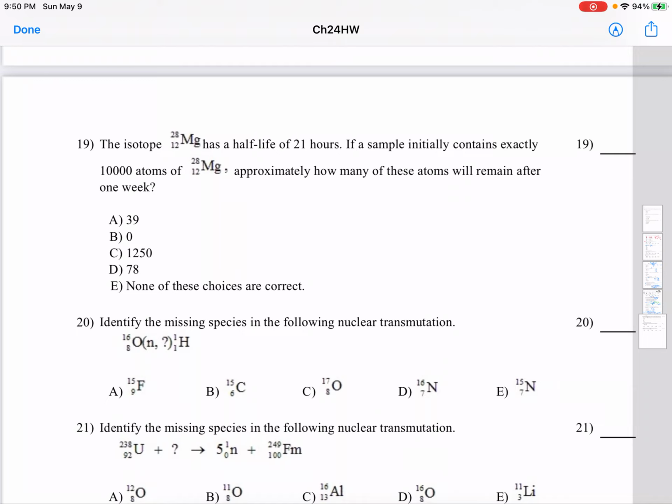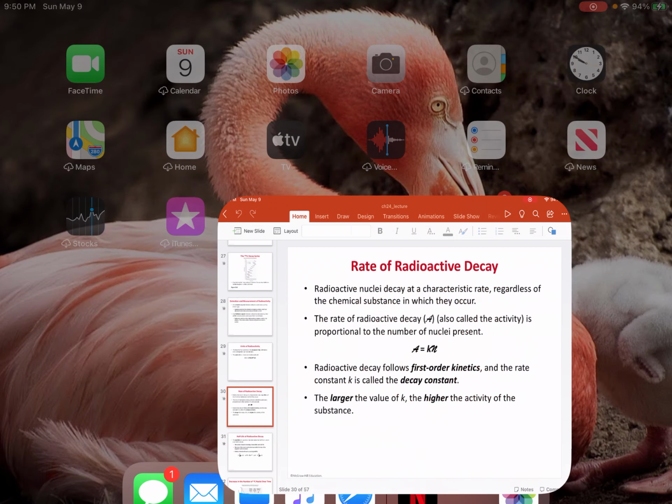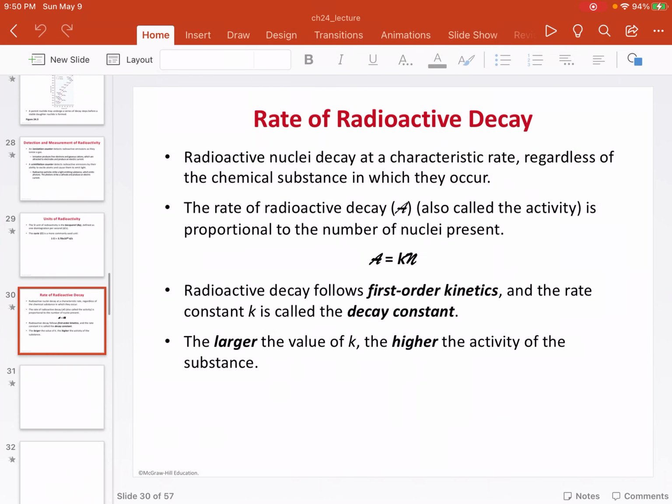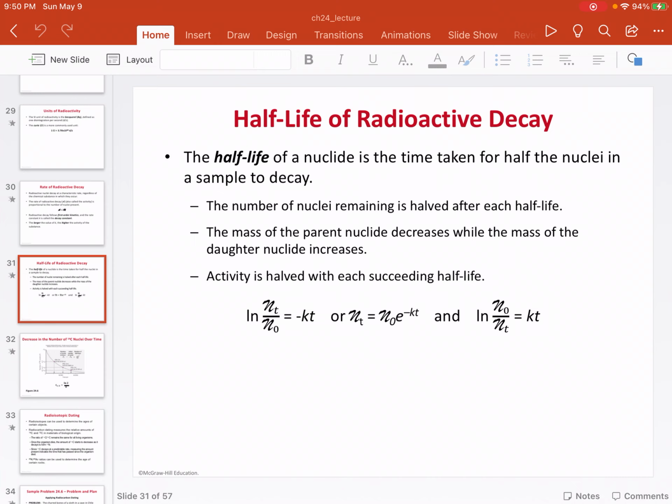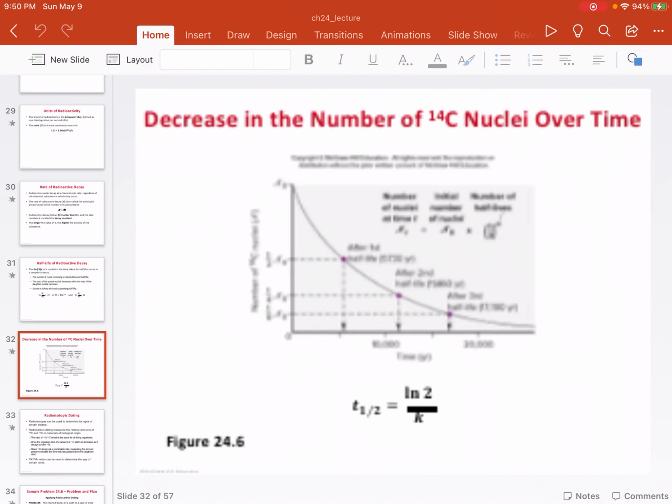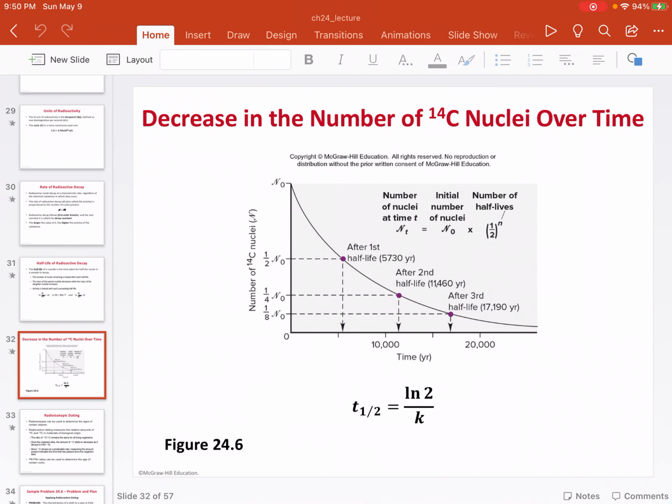Okay, let's see. We're going to be using first order kinetics over here. T half would be ln2 over k.